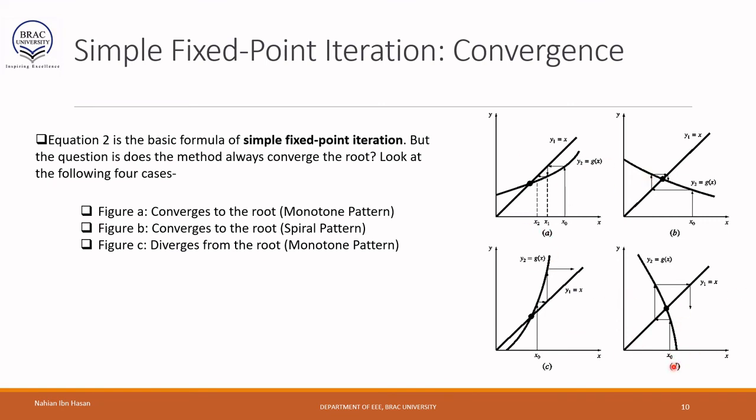But if we start with the starting point x0, this function now diverges in a spiral. In this case also convergence is not ensured, rather the pattern diverges, and simple fixed point iteration fails with this starting point. So, as we said, we need to stop the calculation and restart the procedure with a new starting point. This is called a spirally diverging pattern.